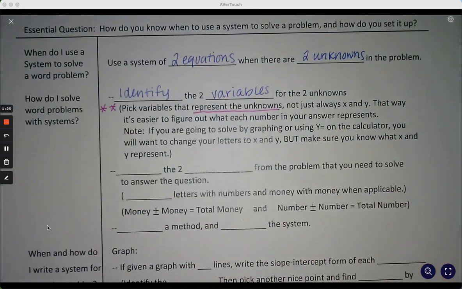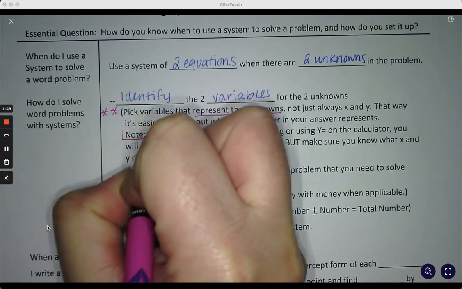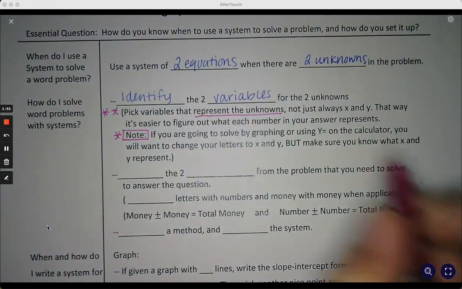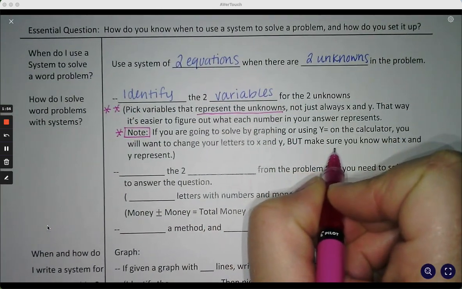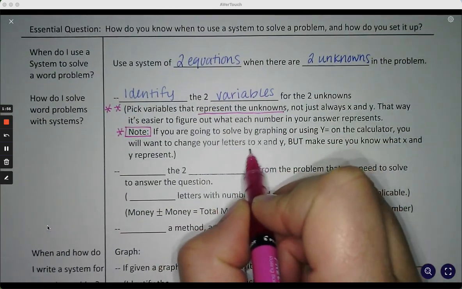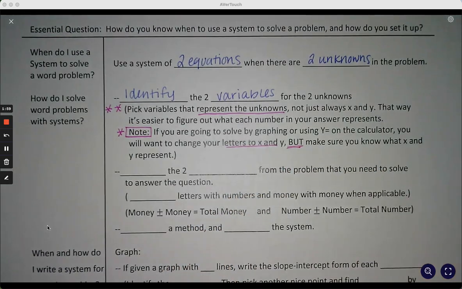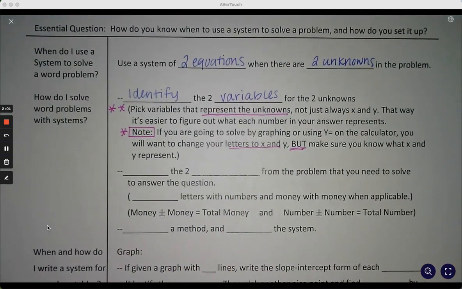So if we're talking about eggs, we might use E. If we're talking about milk, we might use M. It doesn't always have to be X and Y. I will tell you though, on your EOC, 9 times out of 10 they do use X and Y. But if you're going to solve the system by graphing or using y equals on your calculator, you're going to want to change your letters to x and y. But remember to make sure you know what x and y represent.